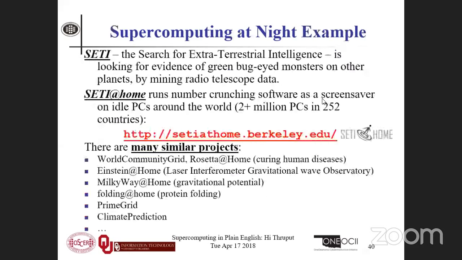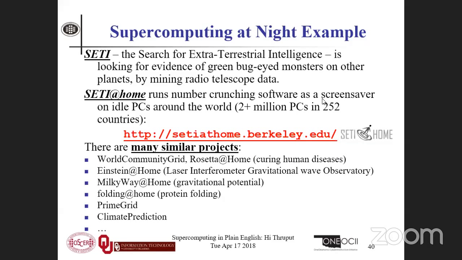Okay, well, what does that mean? Well, one of the ways that this has manifested itself is through external projects that need computing. And one of the most famous is SETI, the Search for Extraterrestrial Intelligence. Now, the goal of SETI is to find the green bug-eyed monsters out in space.